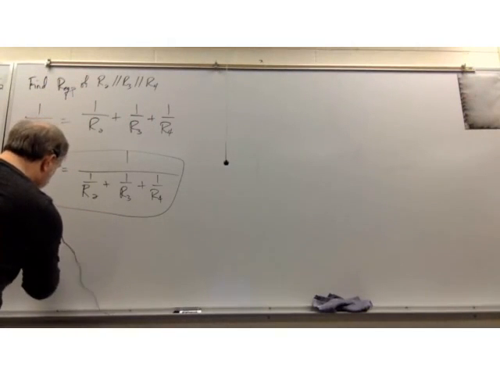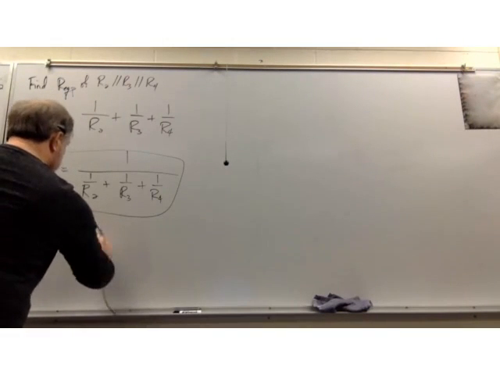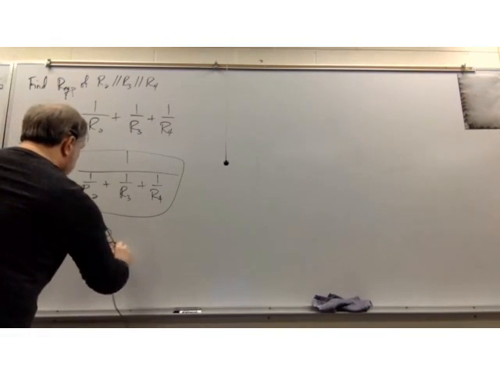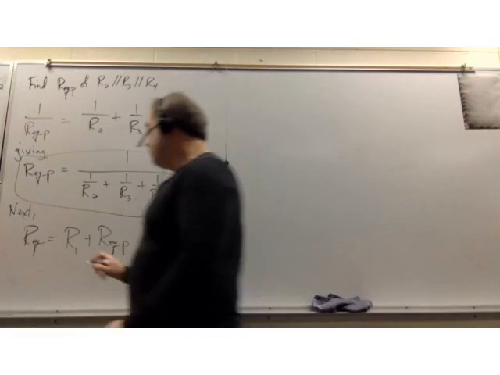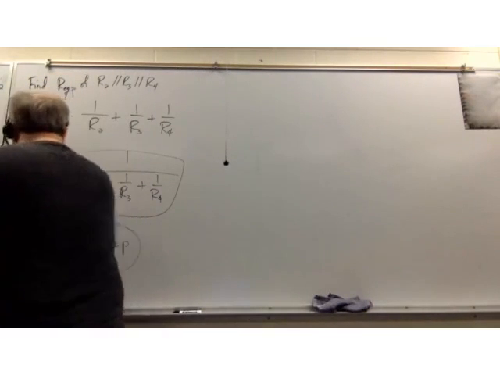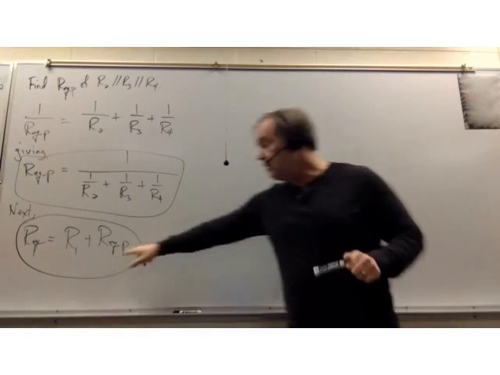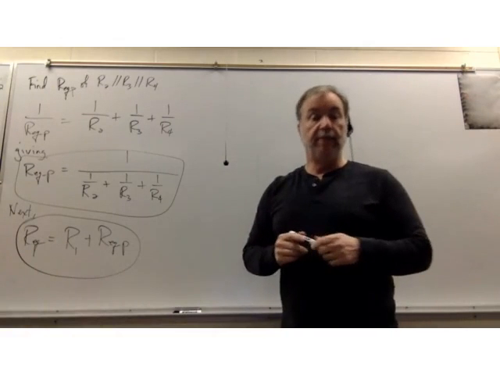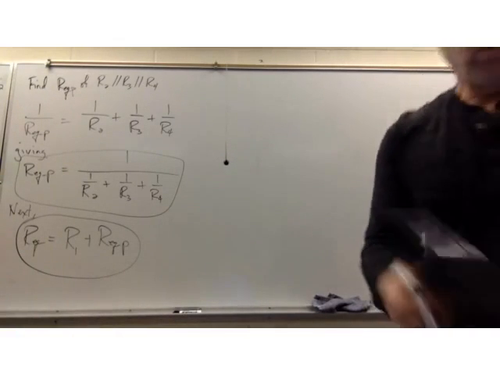So the R equivalent for the whole circuit is simply R1 plus R equivalent underscore P. So that's the entire equivalent resistance. As far as the battery is concerned, that's how much resistance there is in the entire circuit.